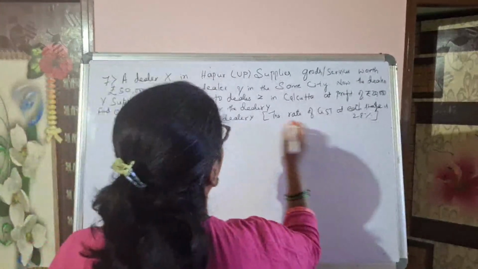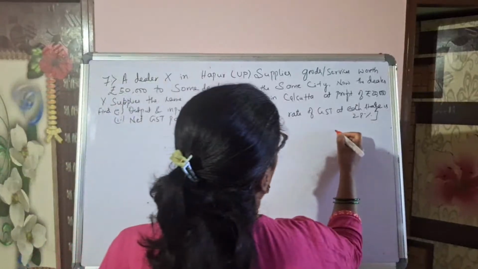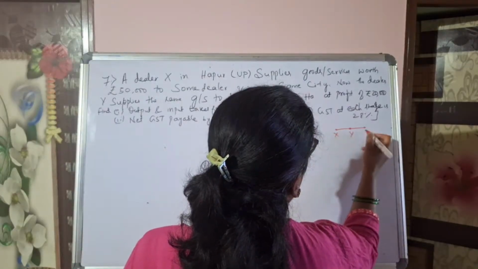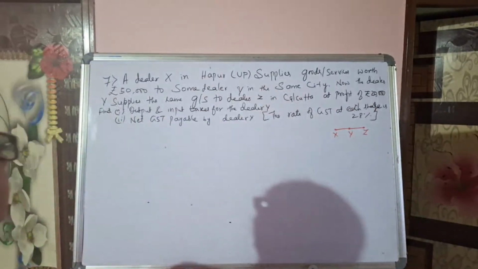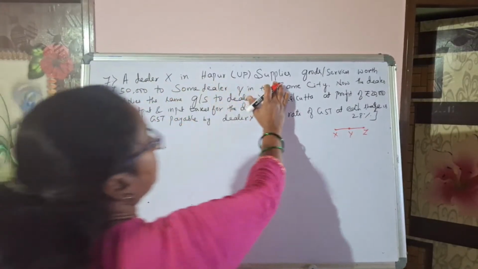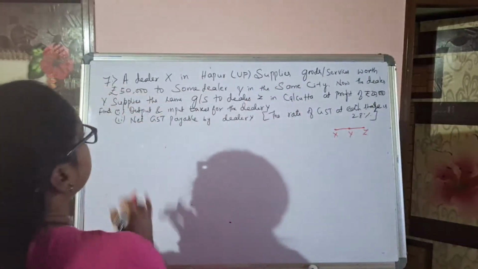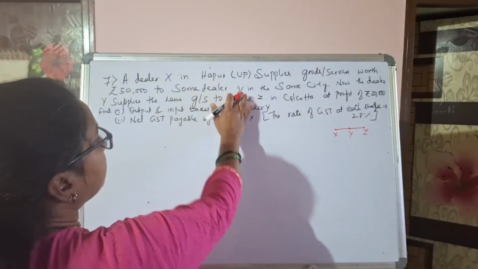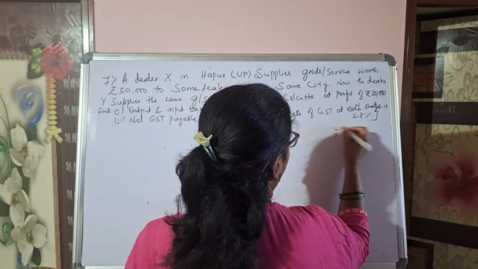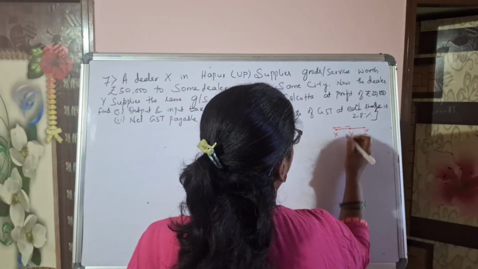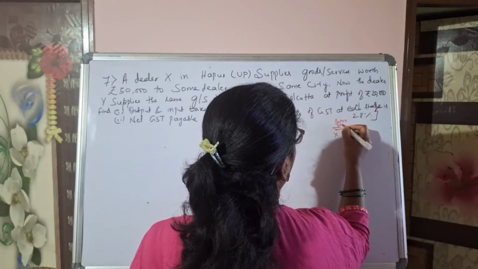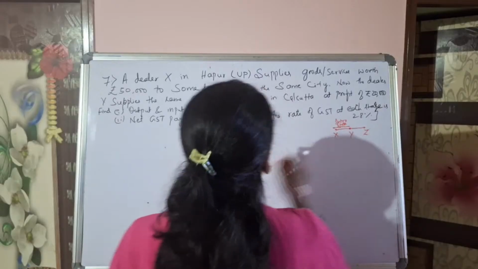See, according to the question, there are 3 dealers X, Y and Z. A dealer X in Hapur, which is in UP, supplies goods and services worth rupees 50,000 to dealer Y in the same city. That means X supplies some goods and services to Y in the same city, then it is an intrastate transaction.